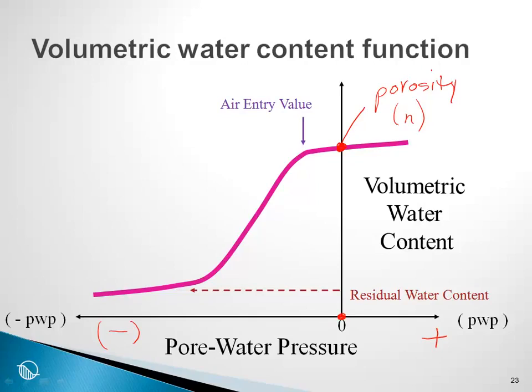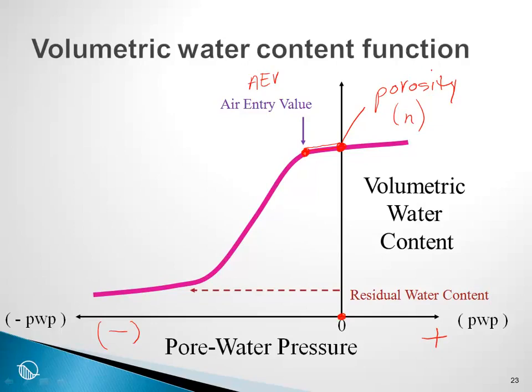As water begins to drain out of the sample, the water content can decrease a little bit, but pretty soon air begins to enter the sample, and we call this the air entry value, or often the AEV.